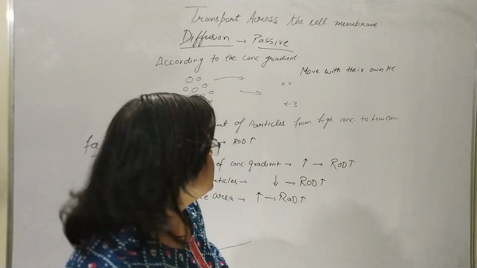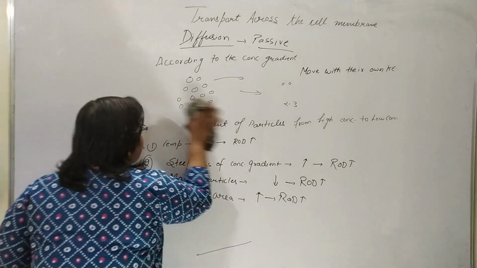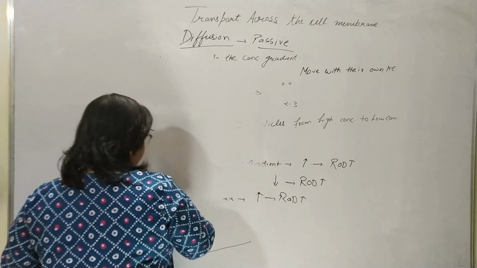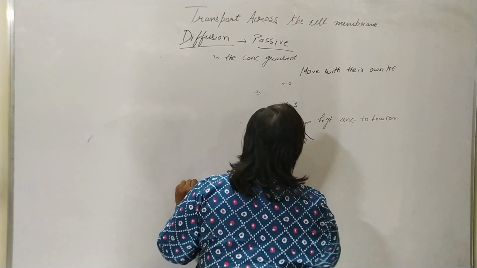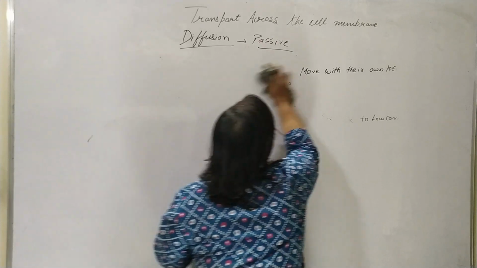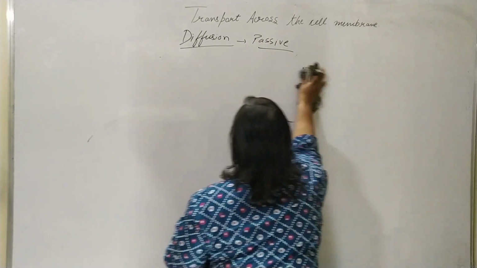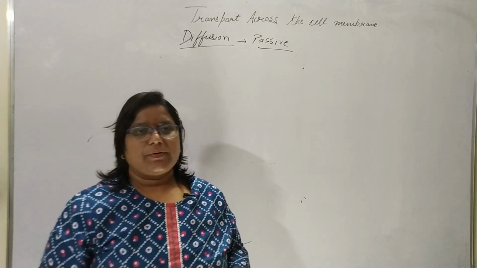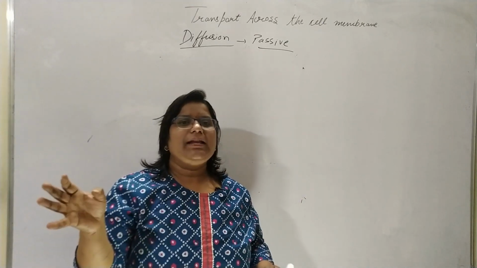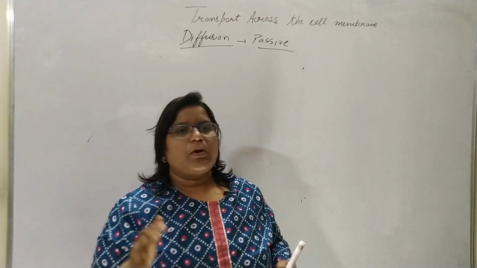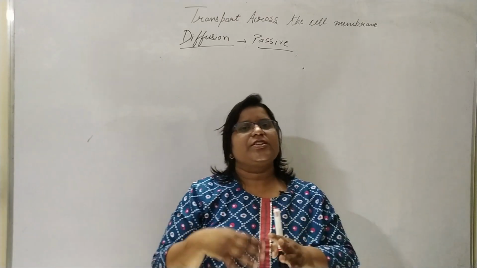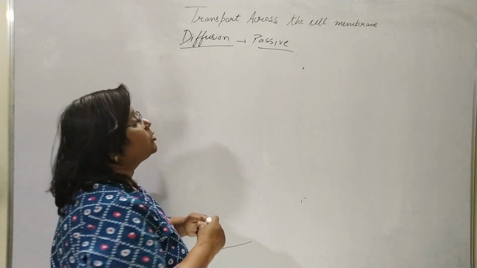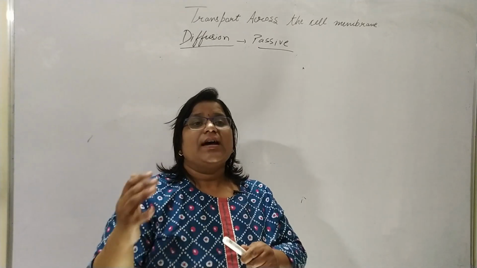What I want to say is that in our body system or in the cell, the movement of particles happens by two ways. First is through the lipid bilayer. For that, nonpolar hydrophobic molecules diffuse freely through the lipid bilayer. And second, some particles move through the ion channels.